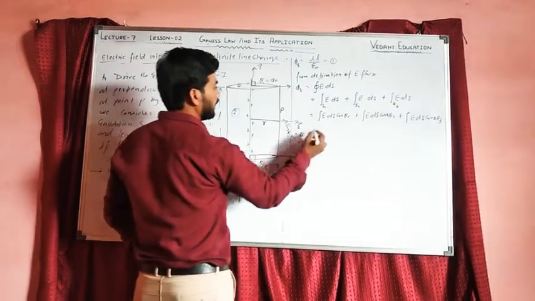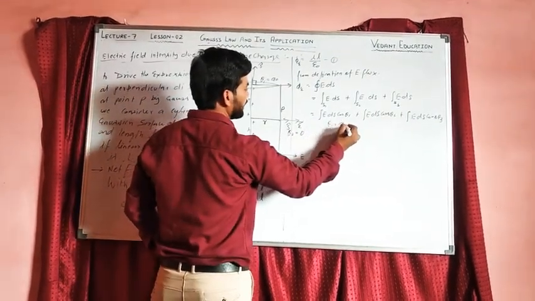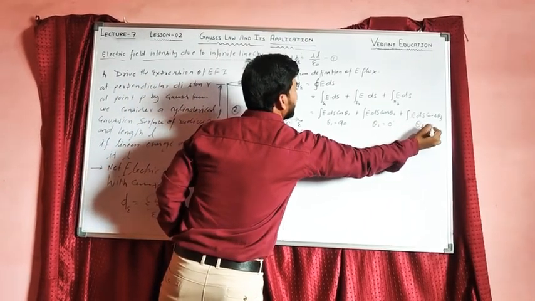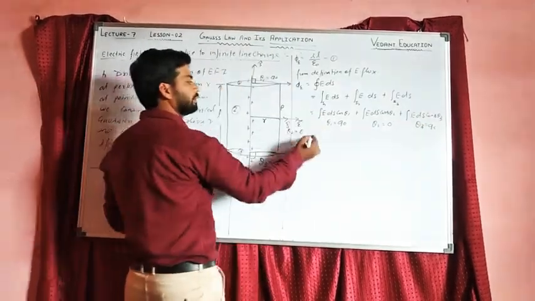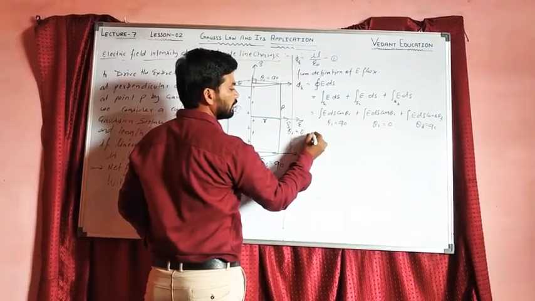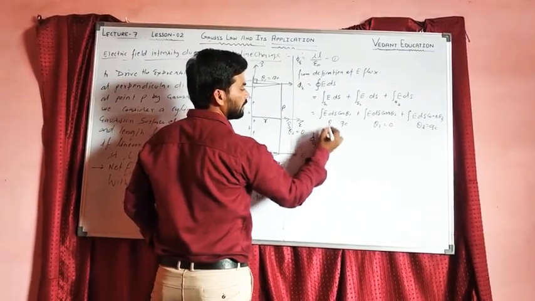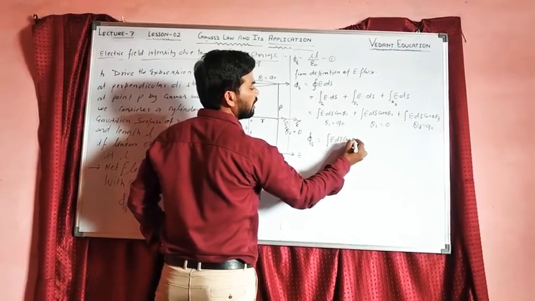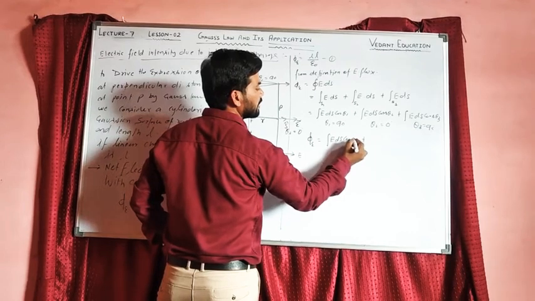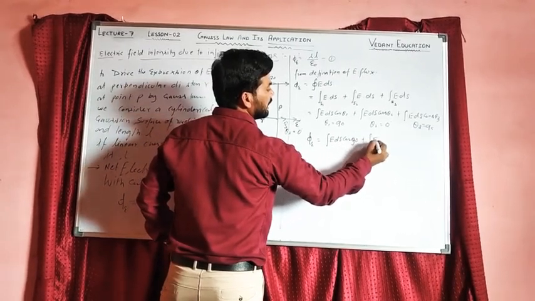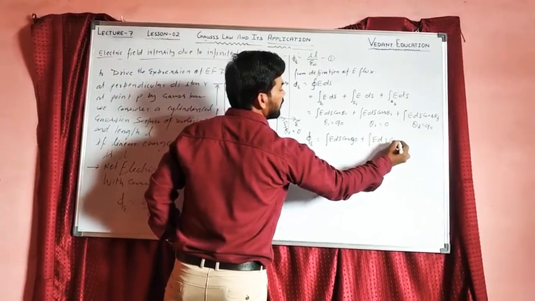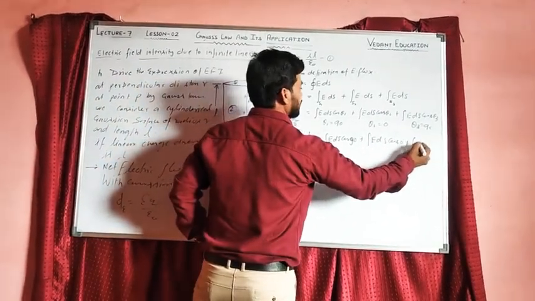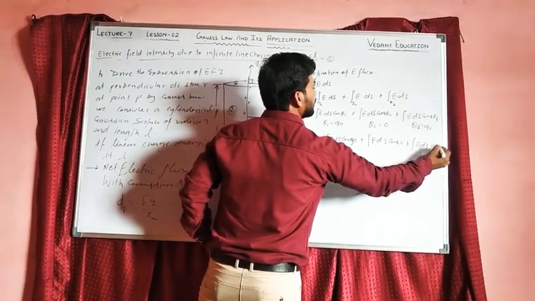The value of theta 1 is 90 degrees, theta 2 is 0 degrees, theta 3 is 90 degrees. Substituting these values, phi E equals integration E ds cos 90 plus E ds cos 0 degrees plus E ds cos 90.